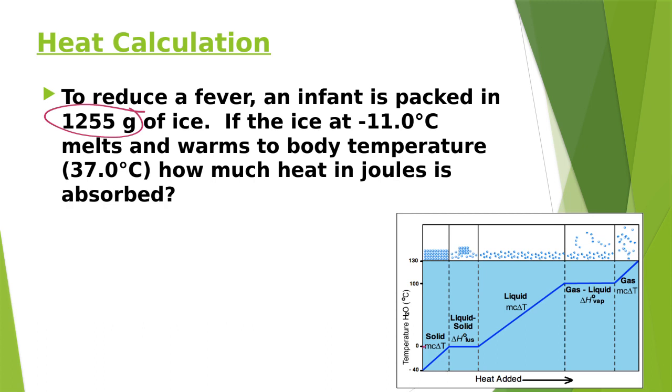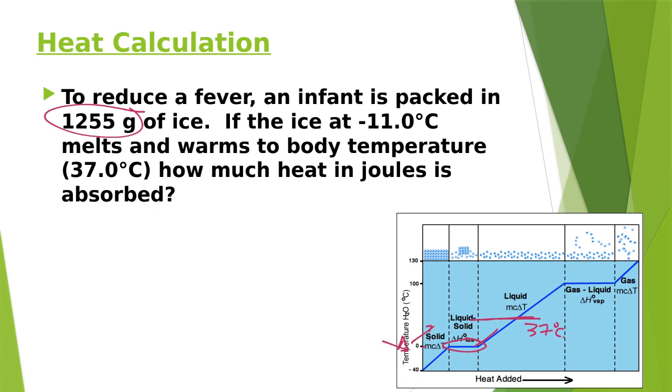So our ice is over here in the below 0 mark, and it melts. So we're bringing up the temperature of the solid. We are now going to melt it here at the fusion mark, and then they warm it to about 37 degrees C, approximately.